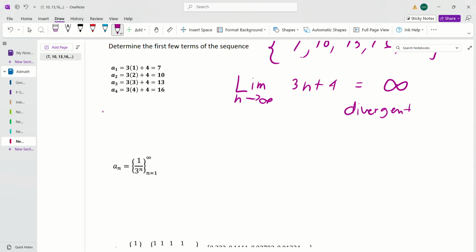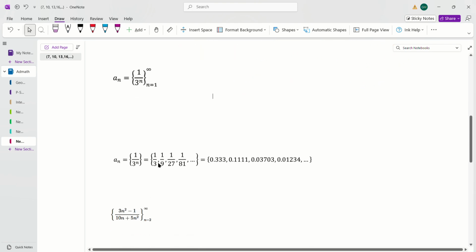Again, get the limit of this: the limit of 1 over 3 raised to n as n approaches infinity. We can do the same process and get the first few terms.